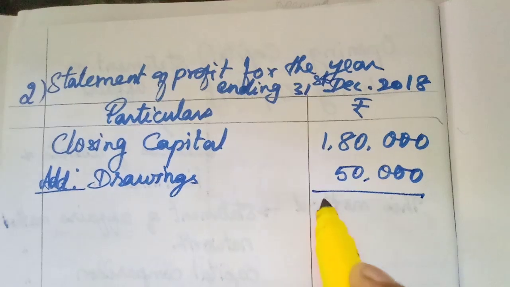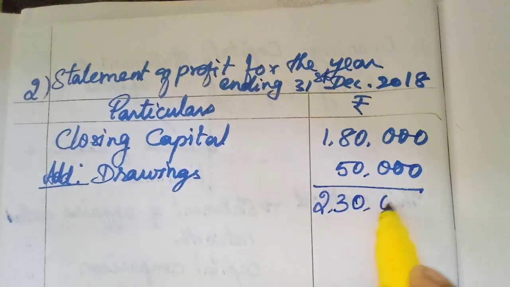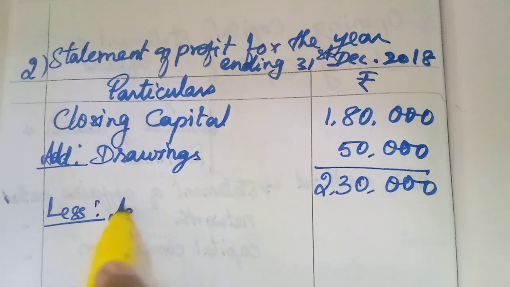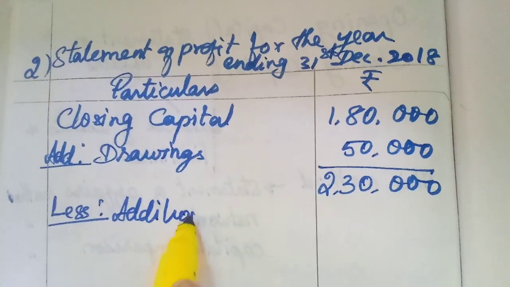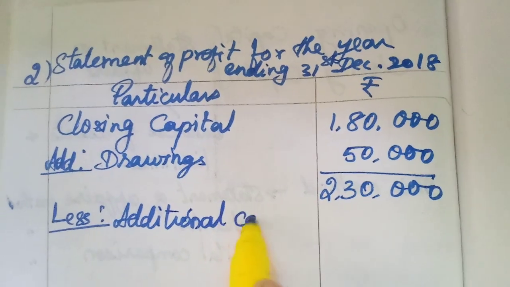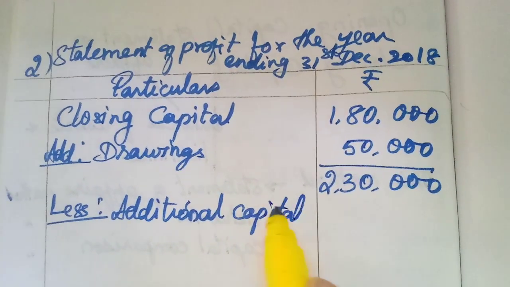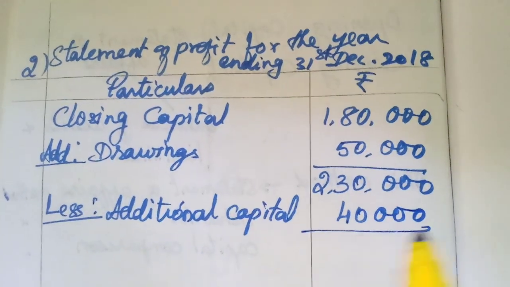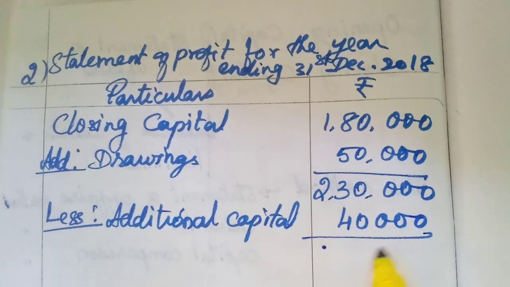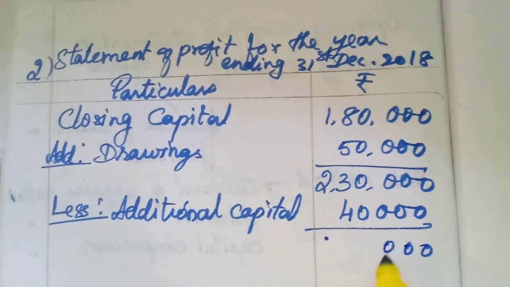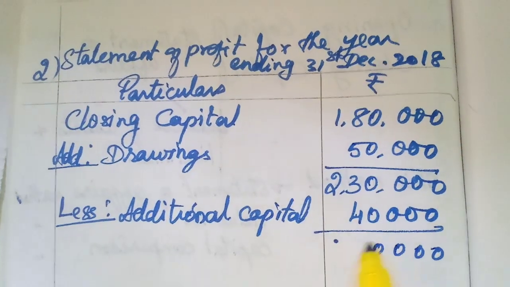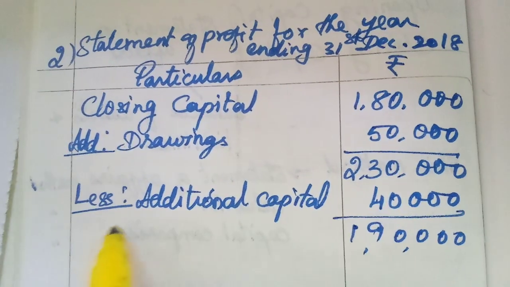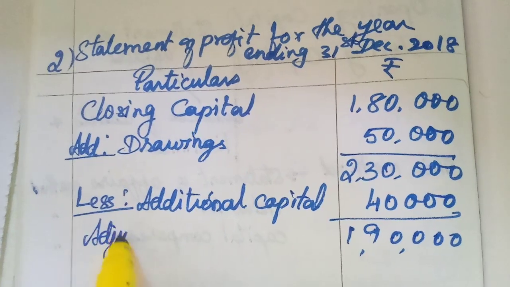Add, 2,30,000. Then less additional capital, 40,000. 13 minus 4, 9, 1, so 1,90,000. This is the adjusted closing capital.